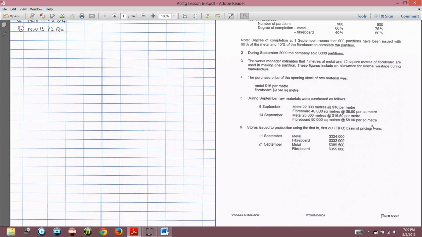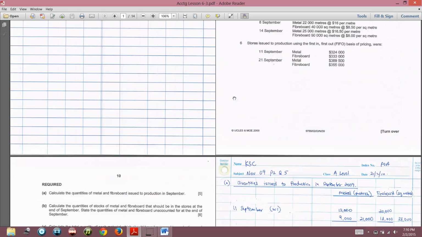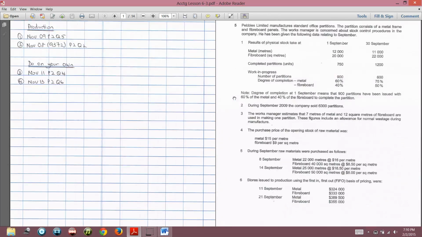Let's look at what the question wants. You should have the question in front of you. A, calculate the quantity of metal and fiberboard issued to production in September. So what can you understand?